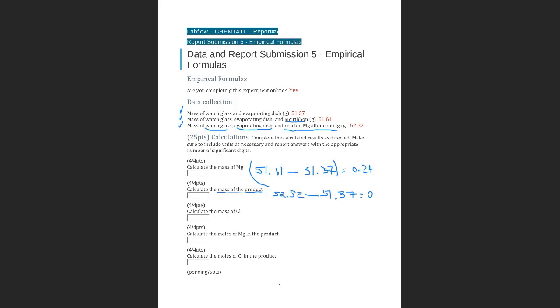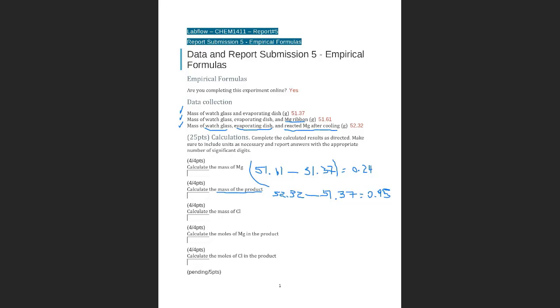Okay, great. So now we have the grams of the magnesium, we have the mass of the product, but we saw in our example, how are we going to calculate the mass of chlorine? We saw that we have to subtract the mass of magnesium because of the law of conservation of mass.